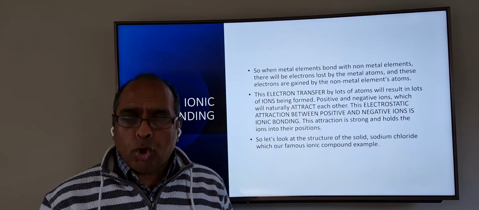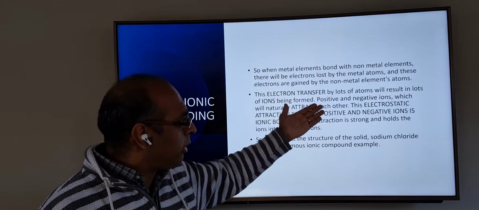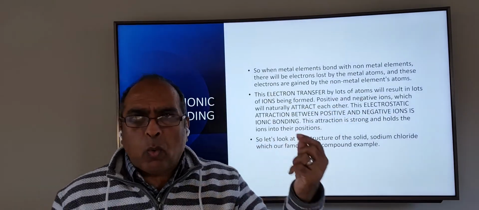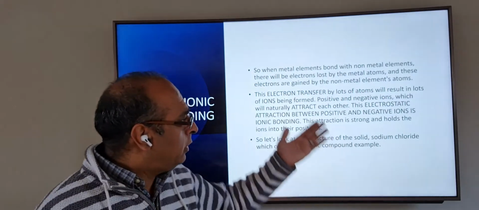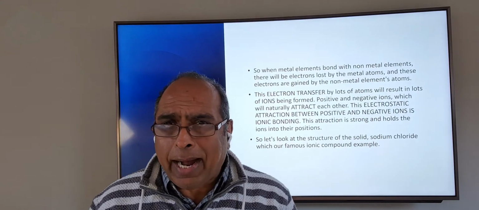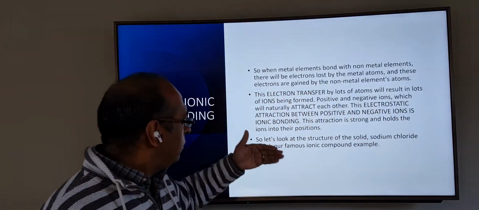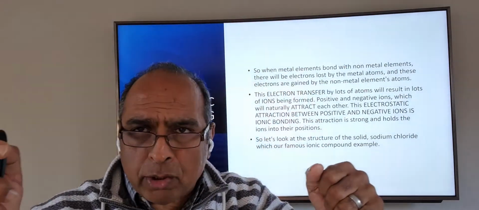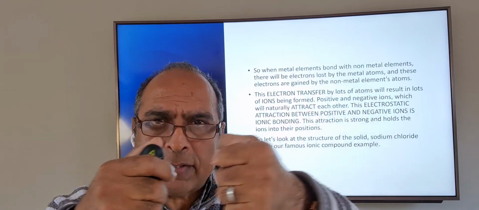In that case, the chlorine gains the electrons. This electron transfer happens with lots of atoms, not just the 1 atom I'm drawing; there are trillions of atoms. They all lose or gain electrons, and they all form ions. Positive and negative ions naturally attract each other. So the sodium ion, positive, and the chloride ion, negative, attract.